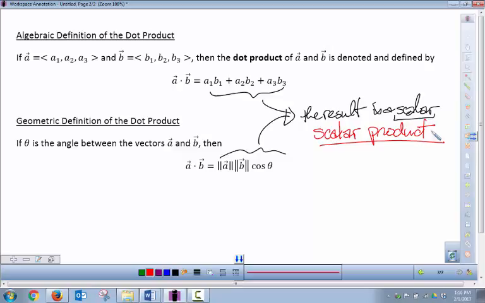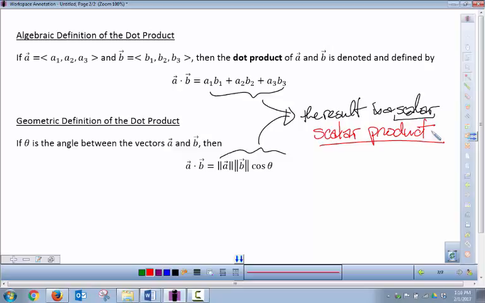So one of the examples that I usually like to use for the dot product is an example in higher dimensions. I actually use the dot product to compute your grades.